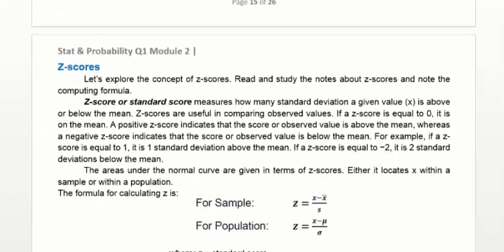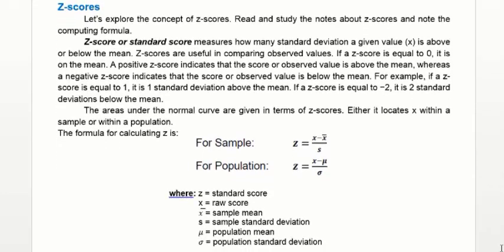So, how do we get the z-scores? Again, the z-score or the standard score measures how many standard deviations. Remember, we said the standard deviation is the square root of the variance. And remember, the variance is the distance of the score from the mean. So, the z-score would be how many.